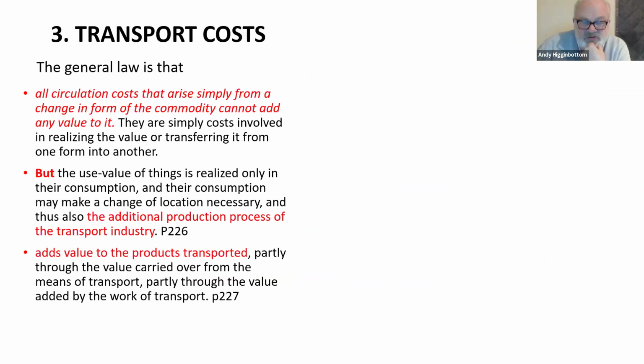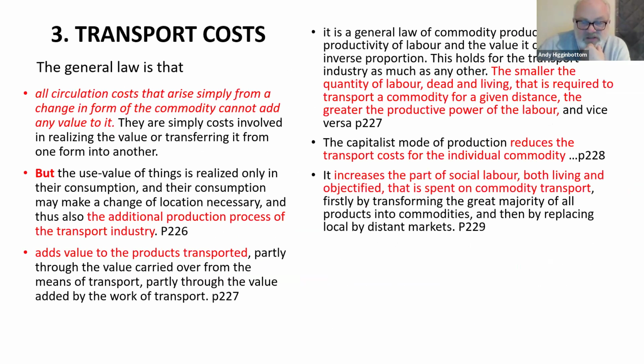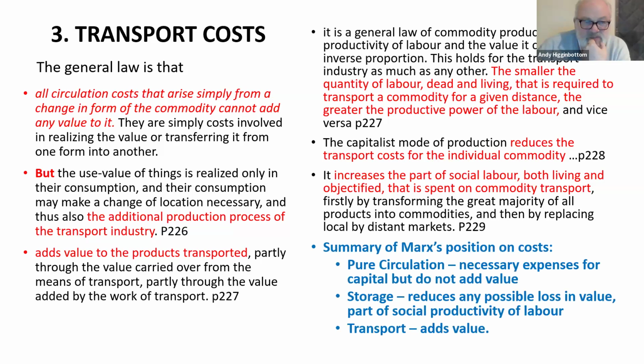The third category is transport costs, which I think is extremely well explained by Marx. What he basically says is that we're in the sphere of circulation, but this is production because it's still adding value. So Marx separates these types of costs into three. There are pure circulation costs, which are necessary but do not add value.